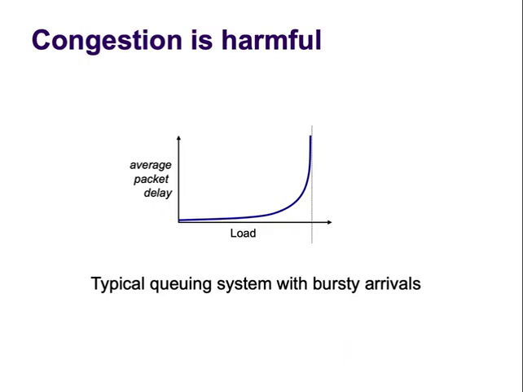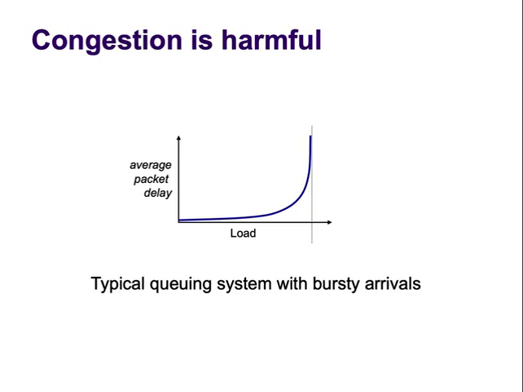And why is congestion something we worry about? Why is it harmful? It's obvious, but just to reiterate, congestion can quite significantly impact performance. To give you some intuition, this graph is showing a theoretical model where you model the network as a queue, with a link of a certain capacity and a queue sitting in front of it.